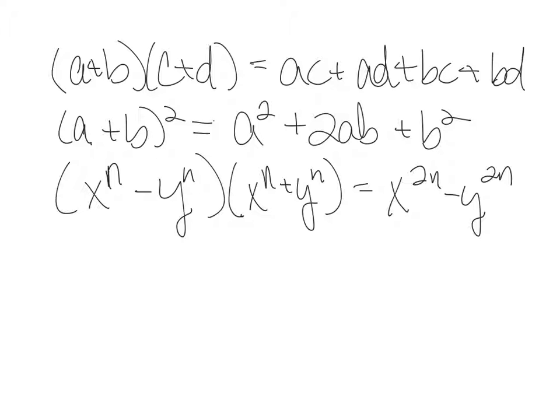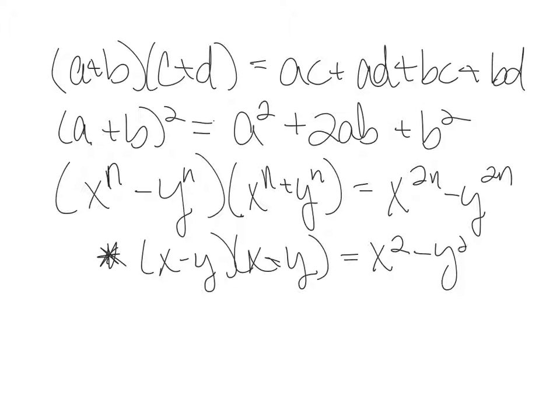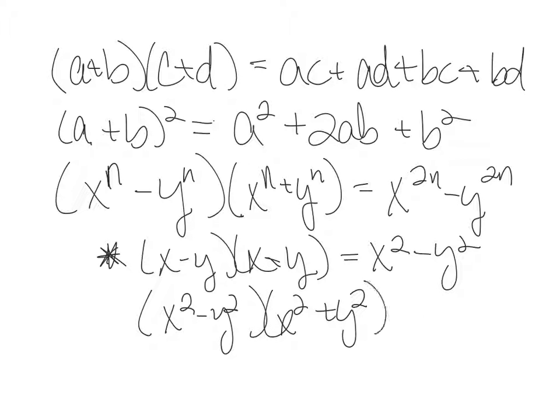And this one includes a few special ones where we did x minus y times x plus y gives us x squared minus y squared. And then we did x squared minus y squared times x squared plus y squared. x to the fourth minus y to the fourth was the fun one.